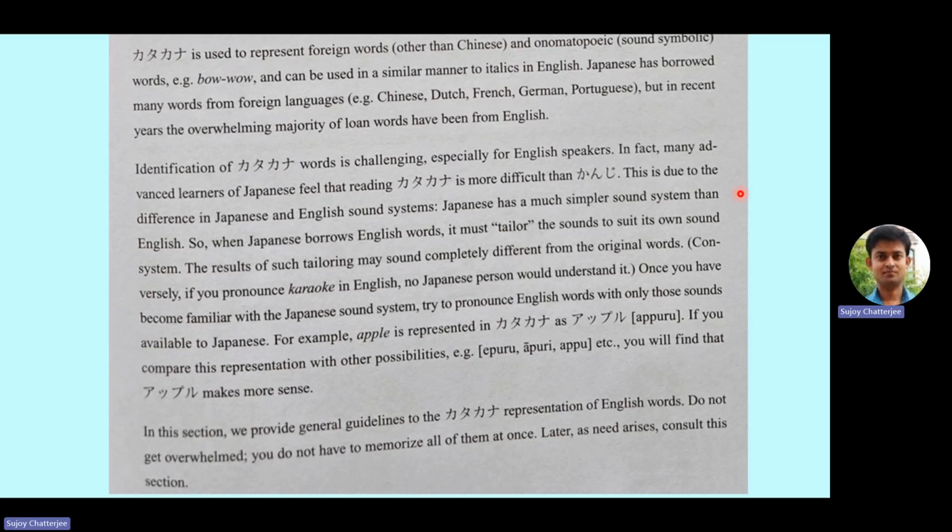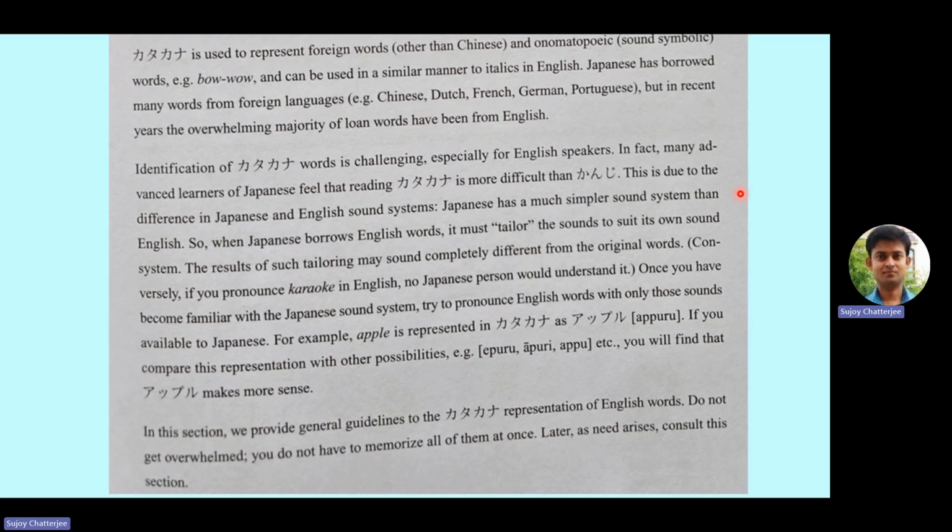Japanese has a much simpler sound system than English. So when Japanese borrows English words, it must tailor the sounds to suit its own sound system. The results of such tailoring may sound completely different from the original words. Conversely, if you pronounce karaoke in English, no Japanese person would understand it. So in Japanese it is called karaoke, and in English you will say karaoke.